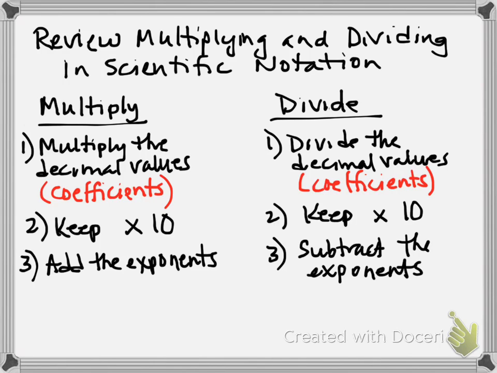So why are we taking notes if we already have all this? Well, because the problem I'm going to give you is going to require you to do both of those in the same problem.